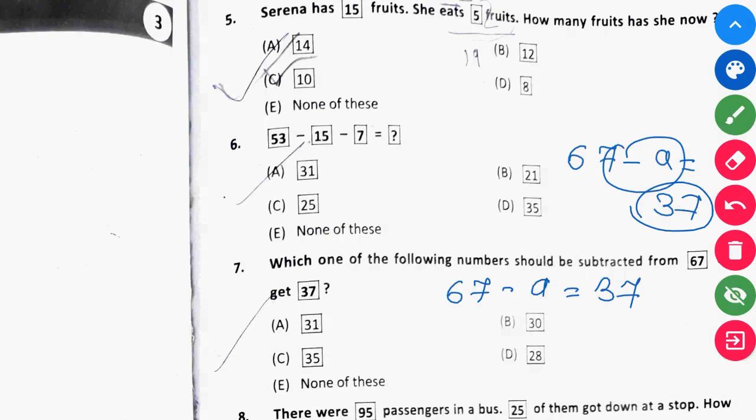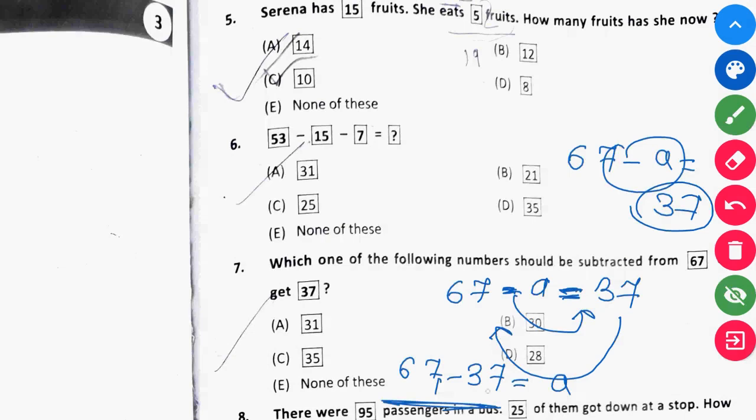Now, if we bring this A to the right side of the equal sign and we bring the 37 to the left side of the equal sign, their signs change. So negative A will become positive while coming to the right side. So it becomes 67, and this positive 37 becomes negative 37.